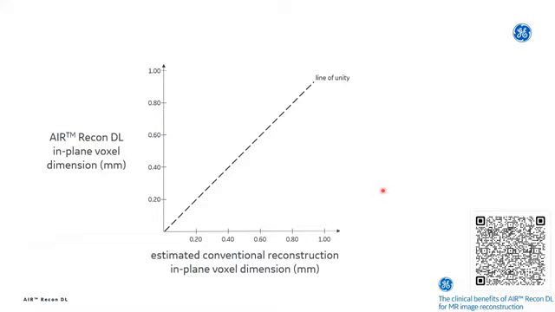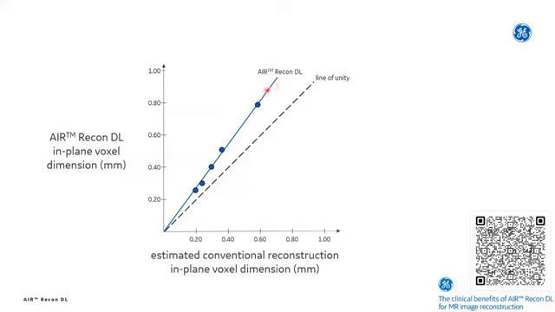So let's quantify this a little bit. If I were to make a chart where the x-axis is the conventional reconstruction in-plane voxel dimension, and the y-axis is the AIR Recon DL in-plane voxel dimension, then going back to those 5 phantoms acquired with different in-plane resolutions, they basically can deliver this type of equivalent resolution lookup table.